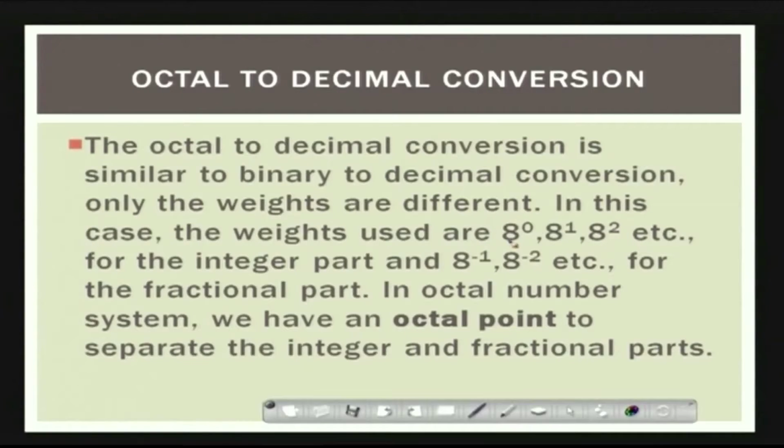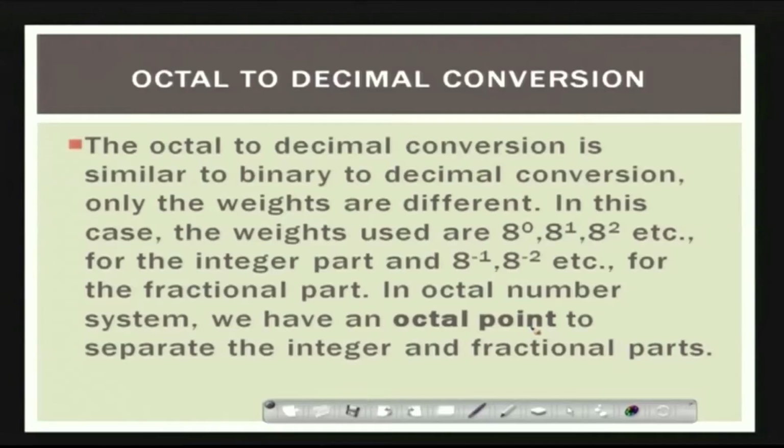Here, when it comes to the integer part, we will have to use weights like 8 power 0, 8 power 1, 8 power 2 etc. When it comes to the fractional part, that is the right hand side of the octal point, we will have to use weights like 8 power minus 1, 8 power minus 2 etc. Like we have a decimal point, hexadecimal point and binary point, here we have another point known as the octal point.